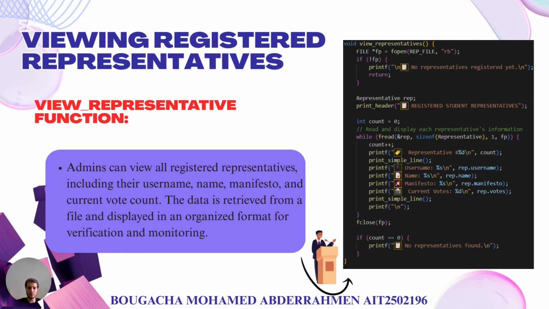It reads from the binary file representatives dot dat, and for each candidate it displays their username, full name, campaign manifesto, and the number of votes they have received so far. This function helps the admin verify who is officially running, track their campaign messages, and monitor participation during the election.